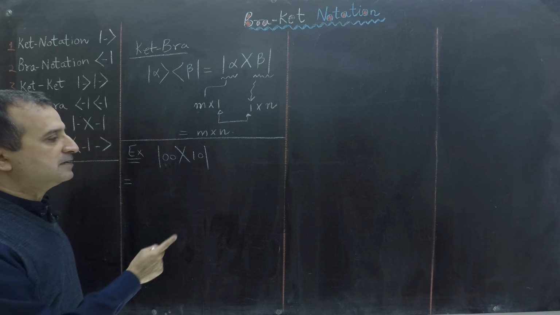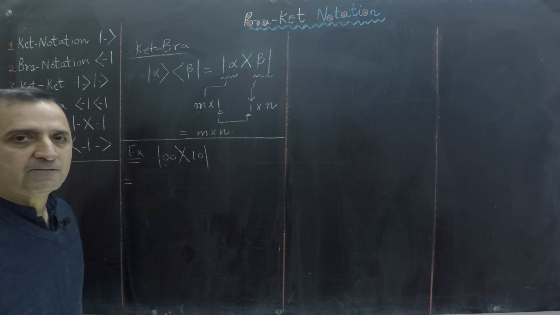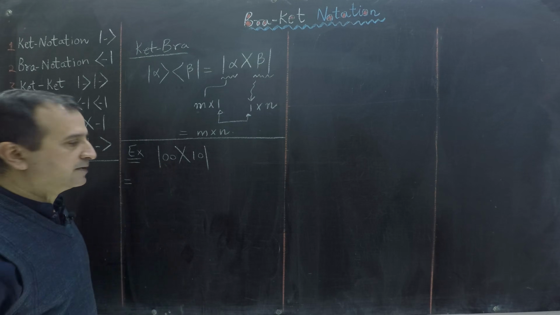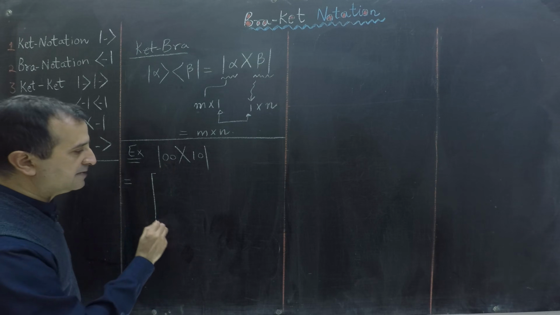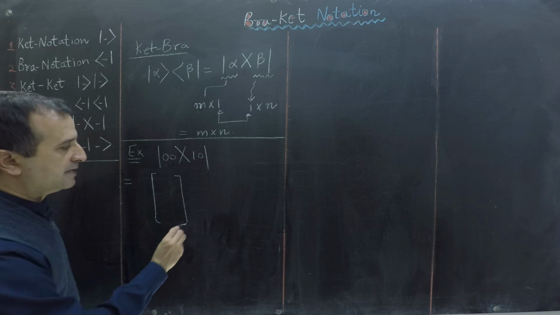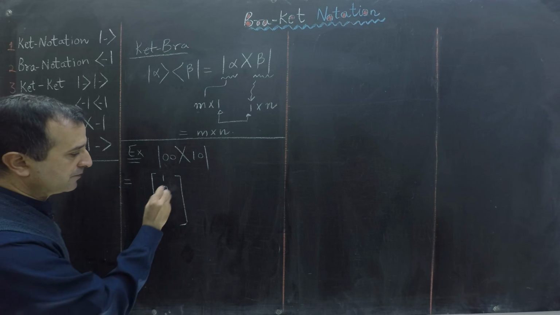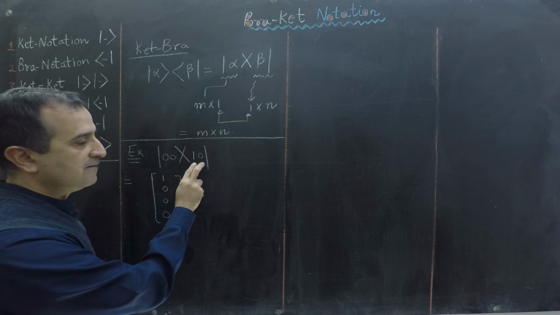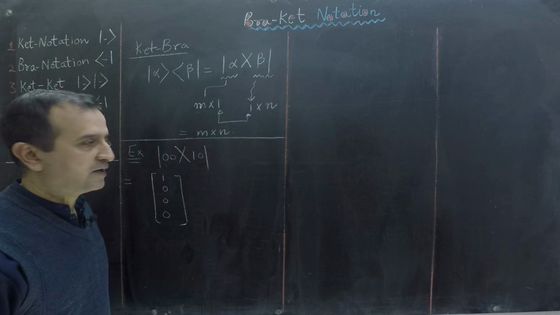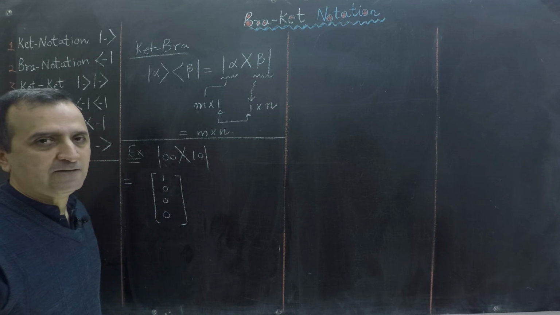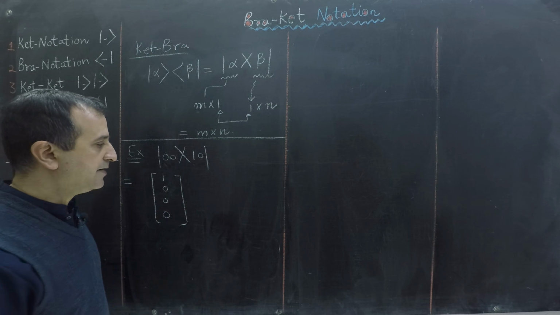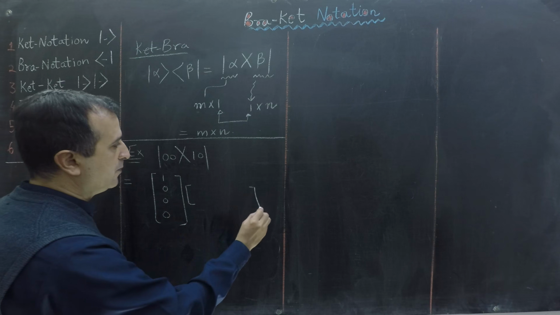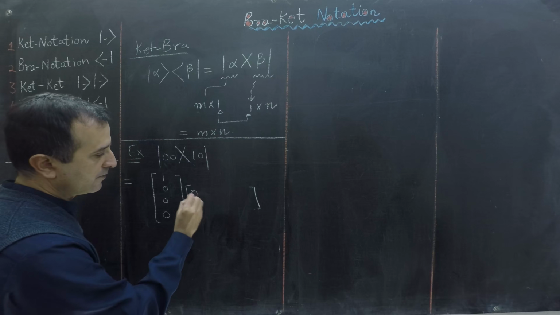I also know that the dimension of this vector will be 4 because I'm using 2 digits here. So here is my ket 0, 0. Then my bra 1, 0 will be a row vector whose second location will have 1 in it and the rest of the entries will be 0. So this is my bra 1, 0.